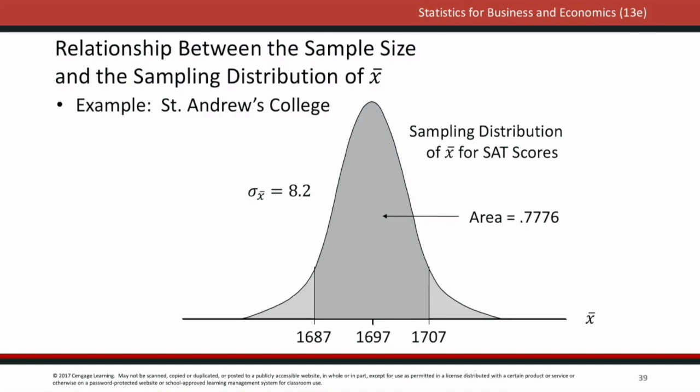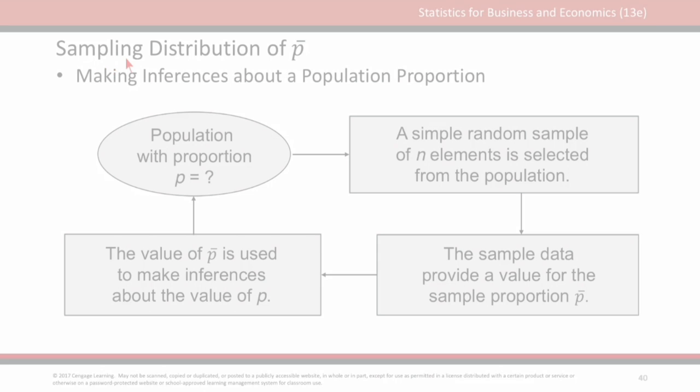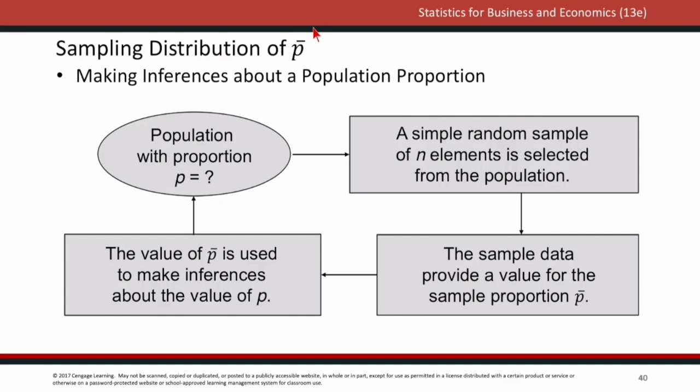Next, we are going to do estimations of the population proportion, the sampling distribution of the sample proportions. We're going to be making inference about the population proportions, and we're going to follow pretty much the same process that we did when we were estimating the sample mean. So we start with a population proportion that we don't know.